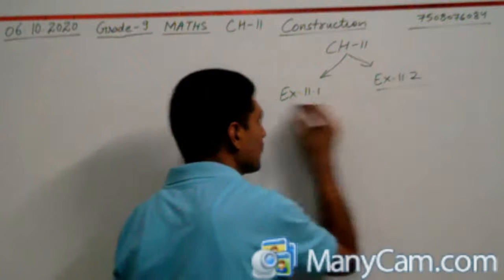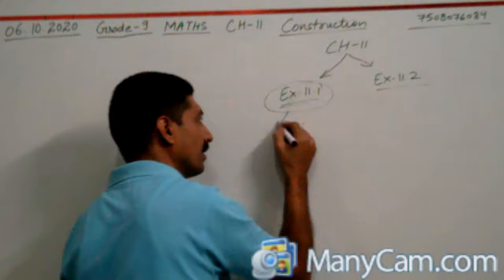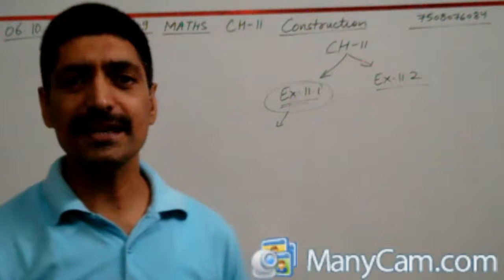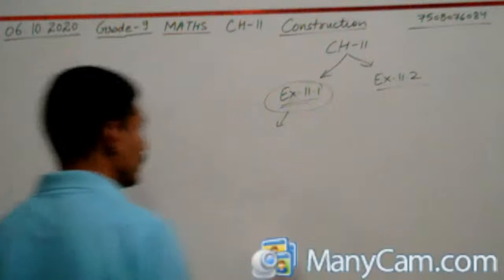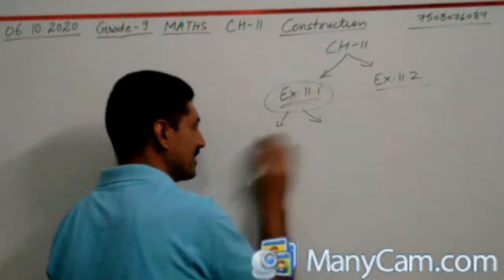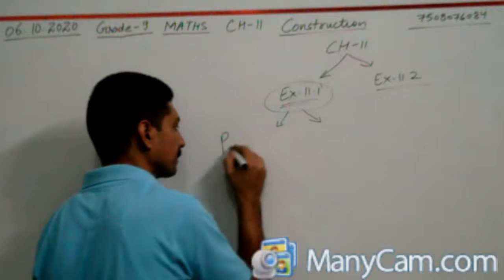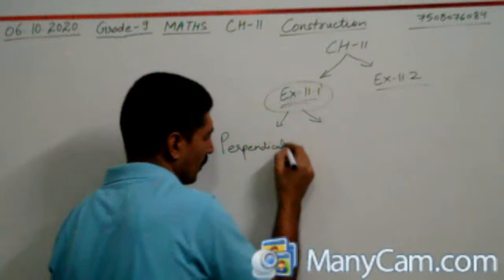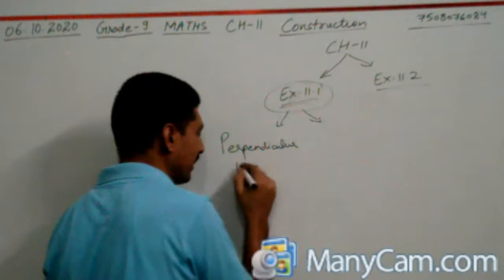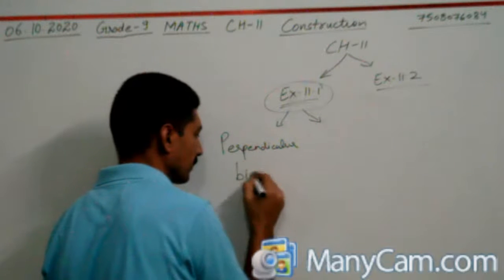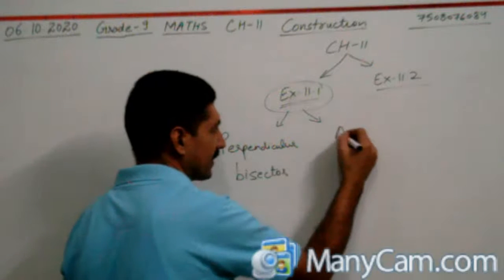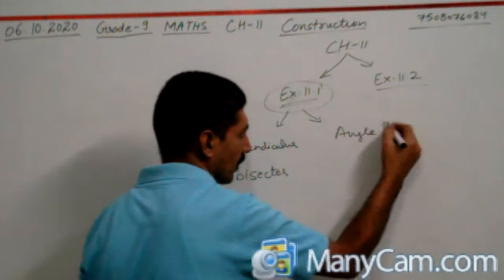So first, this is a very basic one about the basic angles. The main concept here, again we have two concepts. One is the perpendicular bisector of a line segment, and another is the angle bisector.